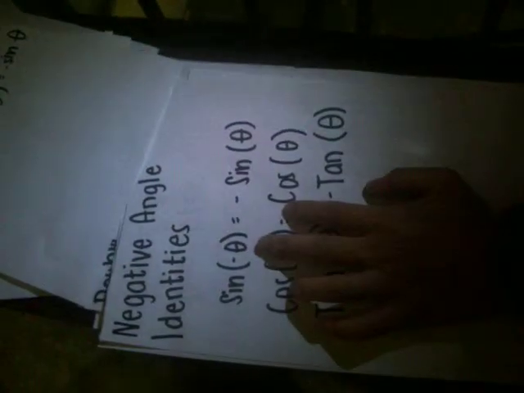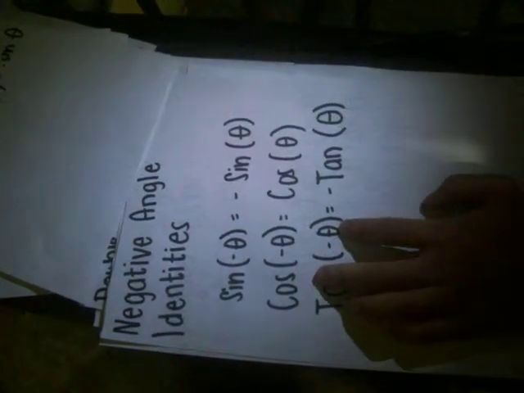So, sine of negative theta is equivalent to negative sine theta. Cosine of negative theta is equal to cosine theta. Tangent of negative theta is equivalent to negative tan theta.